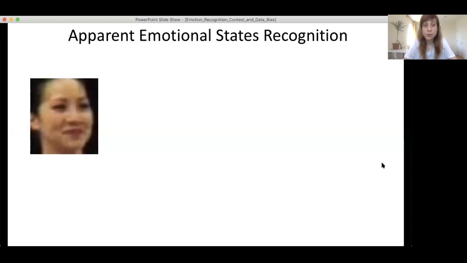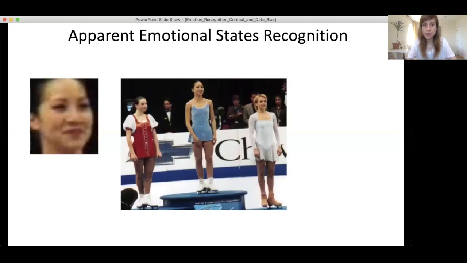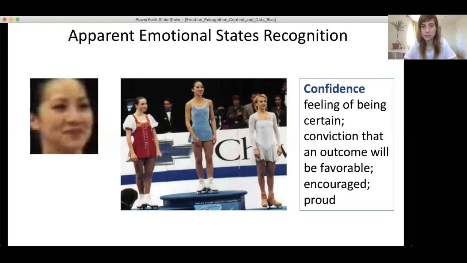In this project, we want to automatically recognize apparent emotional states, but instead of focusing on analyzing the faces, what we want to do is to look also at the context and hopefully to be able to recognize fine-grained emotions like confidence in this case.